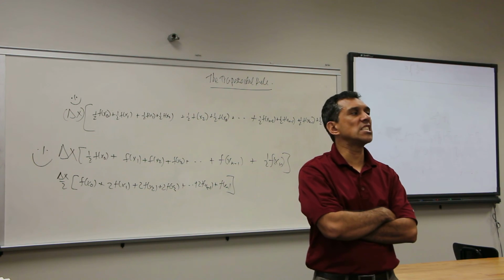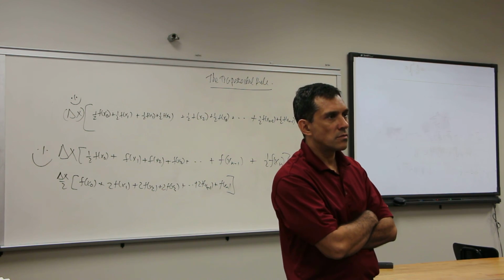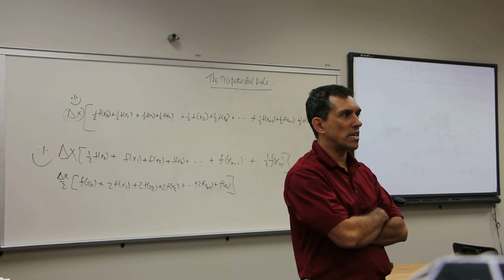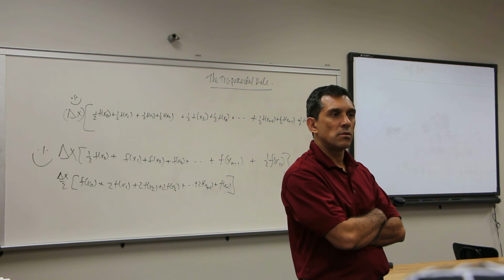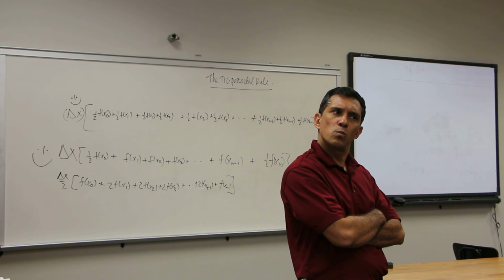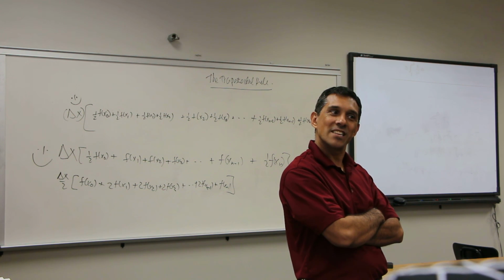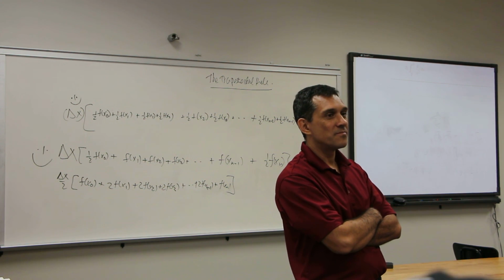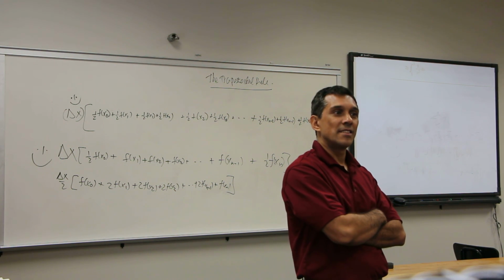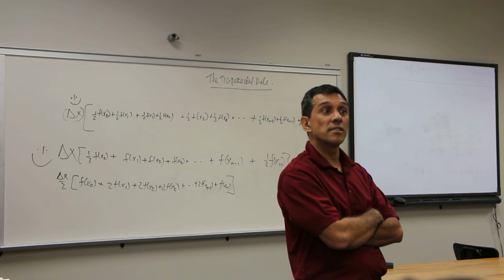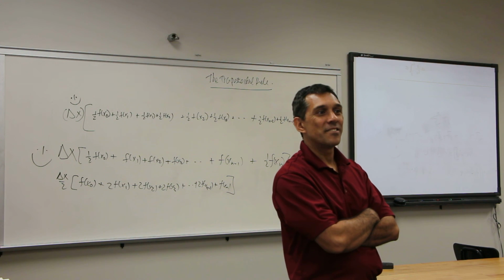Minus 8, 16/3. 5 and 1/3. Negative 8/3 plus 8, 8 minus 8/3. Oh yeah. 24/3 minus 8/3, 16/3. 5 and 1/3.